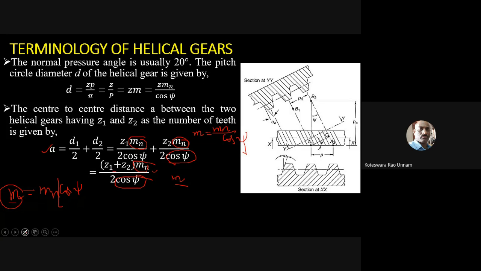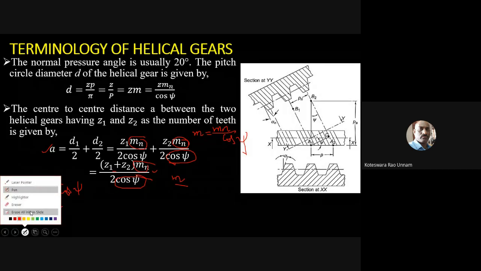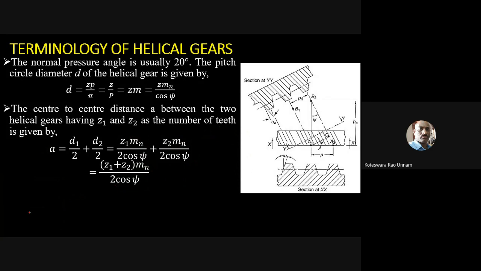Okay. So now we know some relations between the normal values and the pitch values. Once you know that, the next thing you need to do is find out the actual number of teeth in an equivalent spur gear. With that, it is possible for us to convert all the formulas of spur gear so that they are applicable to helical gears also.